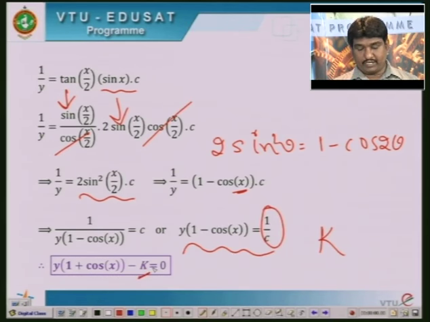Observe that I have written k here, and in the solution for the first part of the equation, I have written c. So, 2 arbitrary constants I have written, but ultimately when you are going to write the general solution, you should write only one arbitrary constant. So, without loss of generality, I can write this k as c.